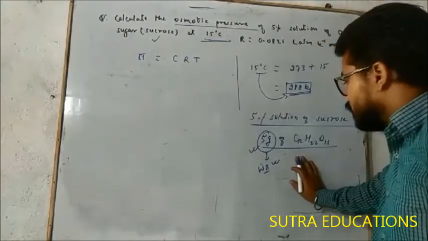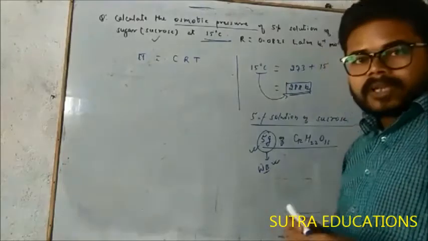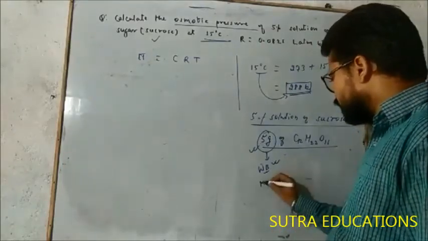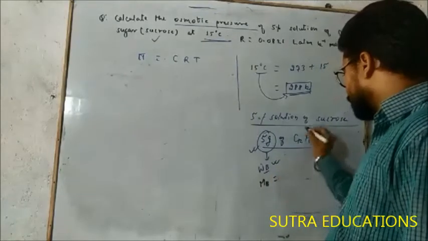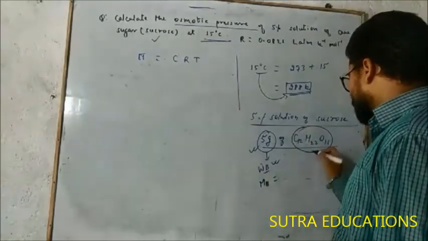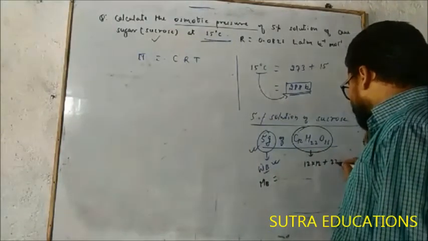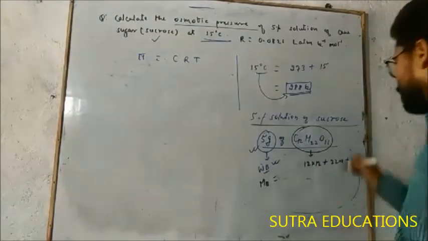Also, if we know the solute, then we can calculate its molar mass. So MB, for C12H22O11, means 12 into 12 plus 22 into 1 plus 16 into 11.